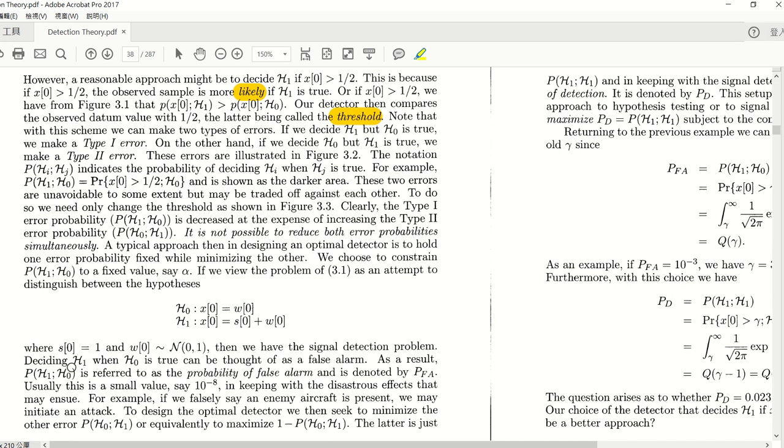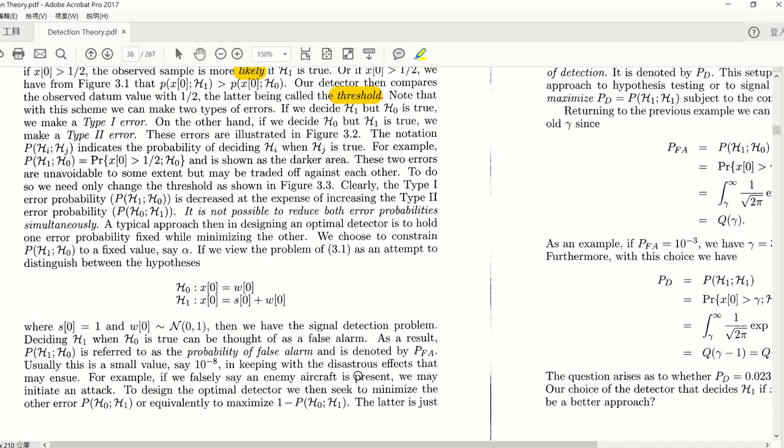If nothing has happened, which is H0, and your decision is that H1 has happened, then that's a false alarm. 中文叫做误警报，误警报 probability of false alarm，就是没有事情，然后侦测的结果说有事情，这个是一个误警报这样子。False alarm. Then we denote it by PFA.